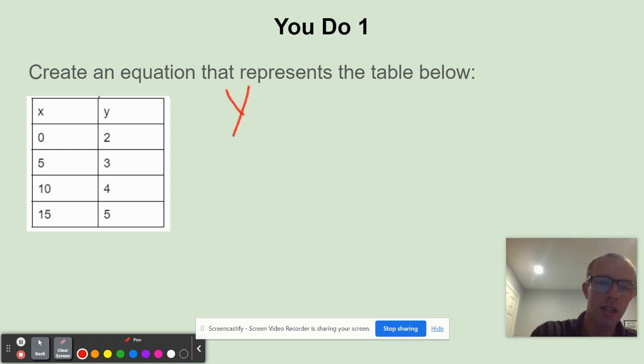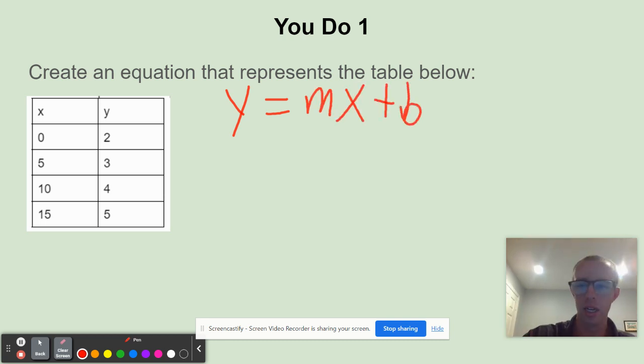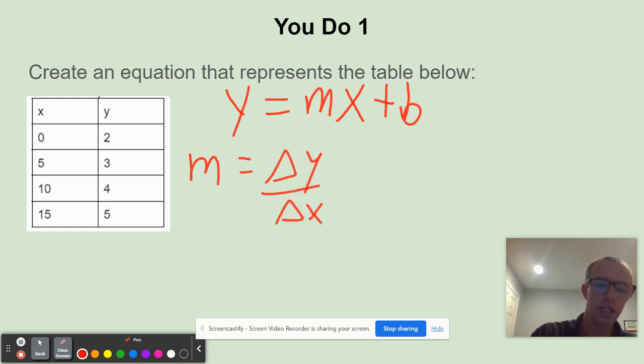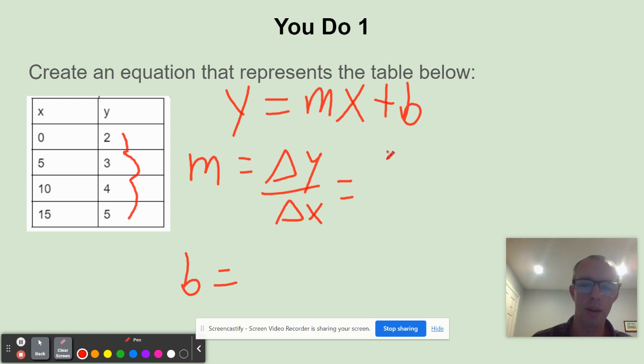So we have a linear equation, y equals mx plus b. To find the equation for this, we need to find m, which is the change in y over the change in x, and b, which is the y-intercept. Here I can see we're going up by 1 each time on the y, and on the x it looks like we're counting by 5s.